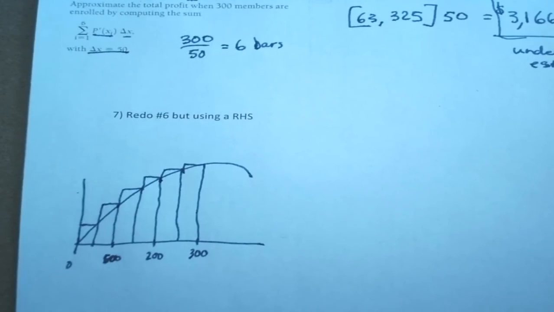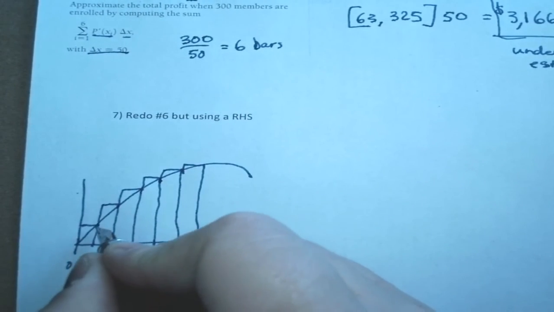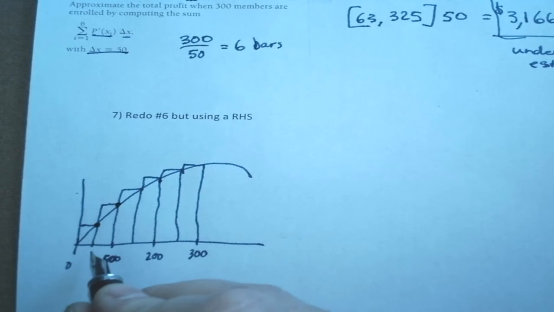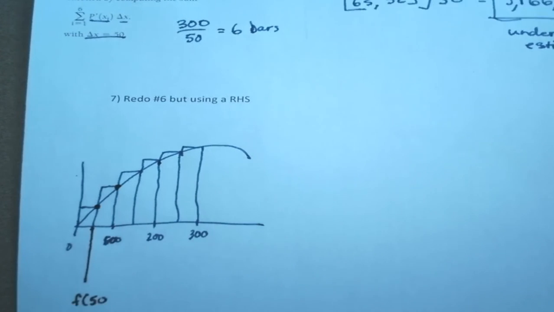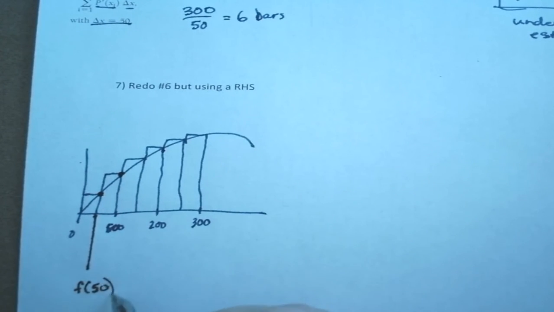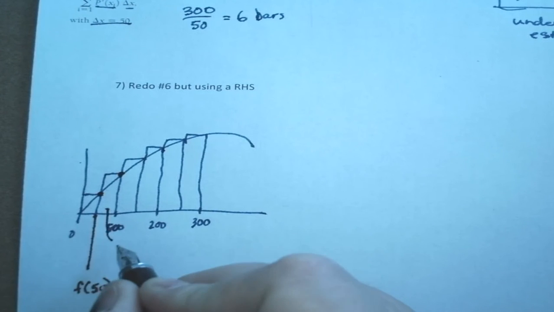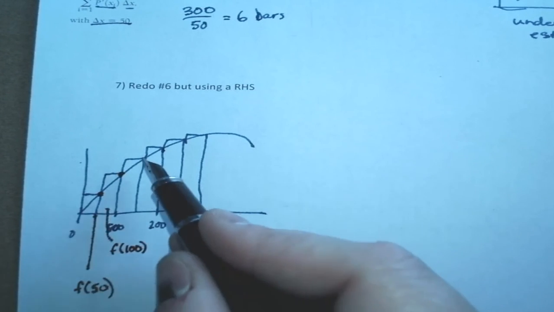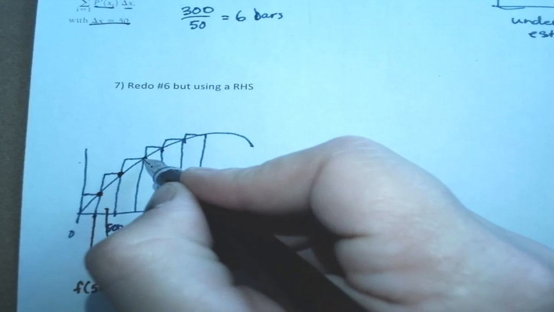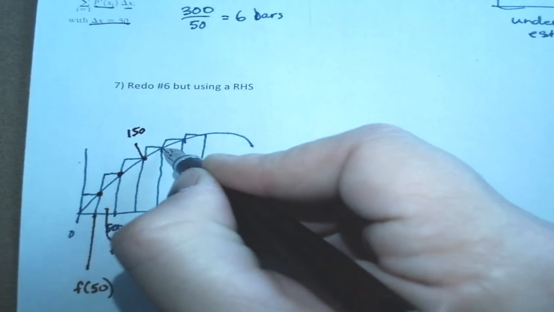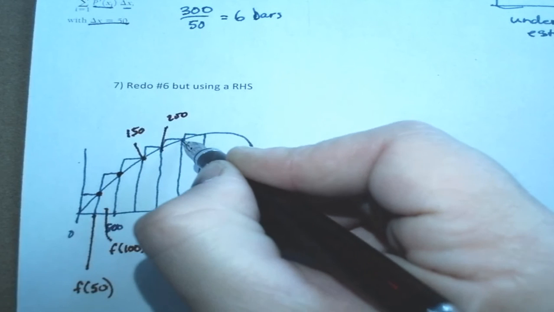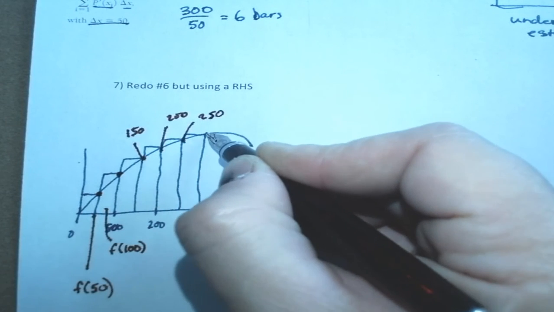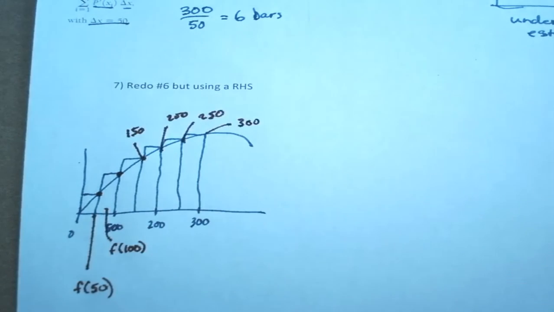Well, now we're going to use the right-hand side. So this first bar will be f of 50. The second bar will be f of 100, then 150, 200, 250, and our last bar will be 300.